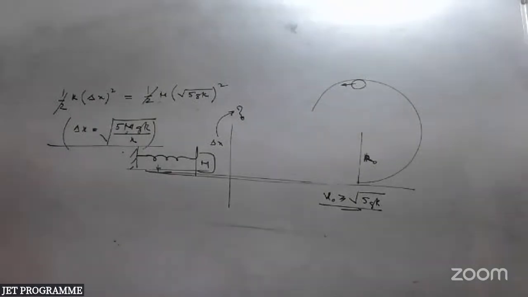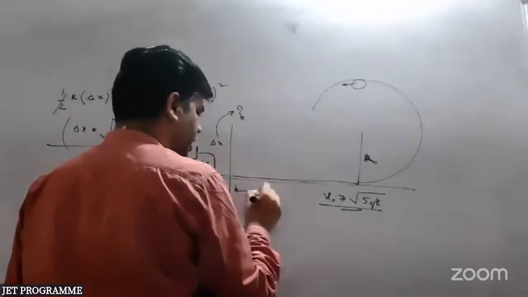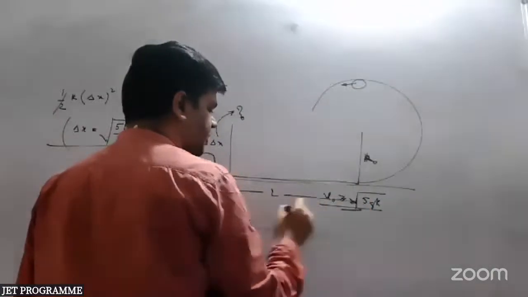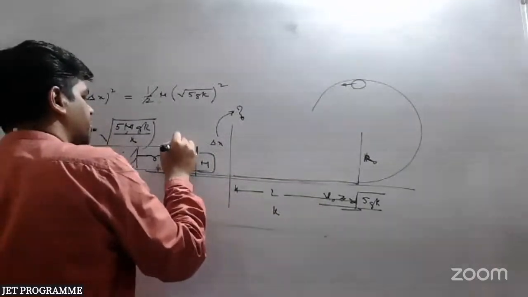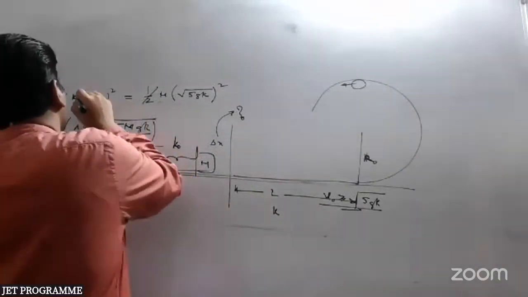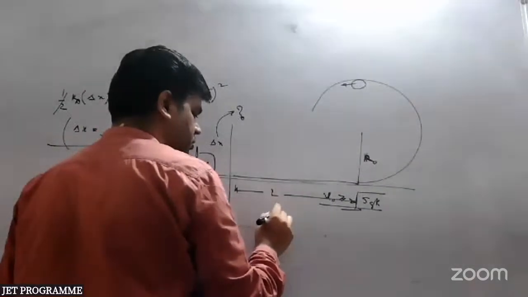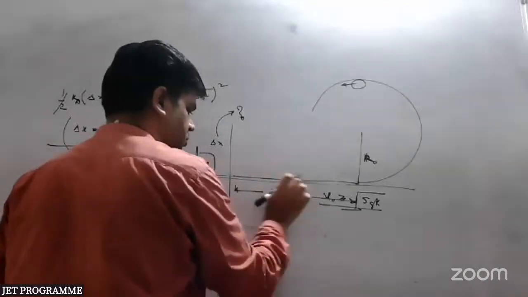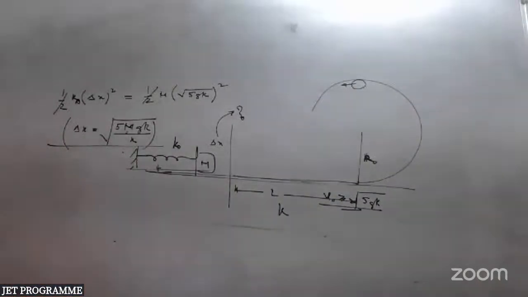Now what I do, I slightly change the scenario. I say from here to here for a length L, there is friction coefficient mu. This is K naught. Spring constant is K naught. Friction coefficient is mu. Now, how do I write the equation?